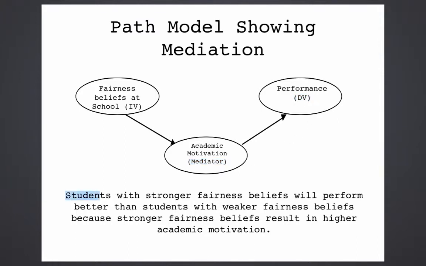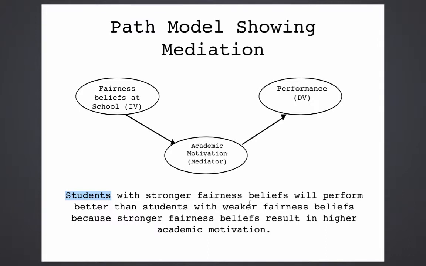This example of how you state a hypothesis is important as well. What the hypothesis should do is tell you who you are hypothesizing about, so the target population, so students. That's pretty generic, not specific enough, but essentially you should give some clear description or label to the population you are hypothesizing about.